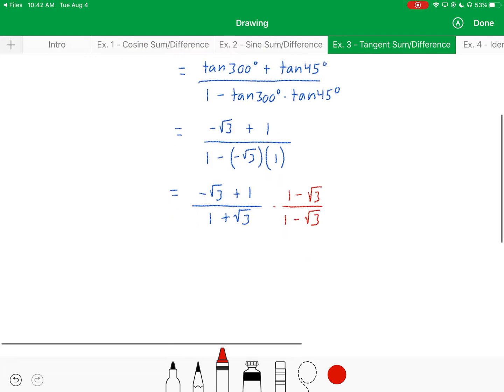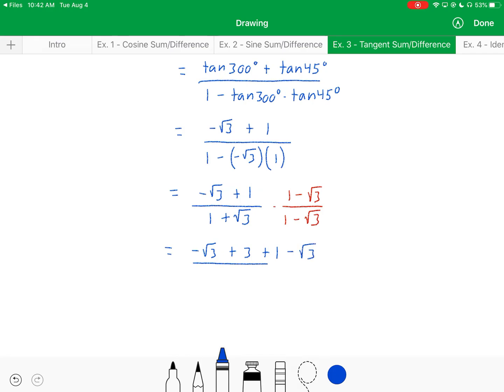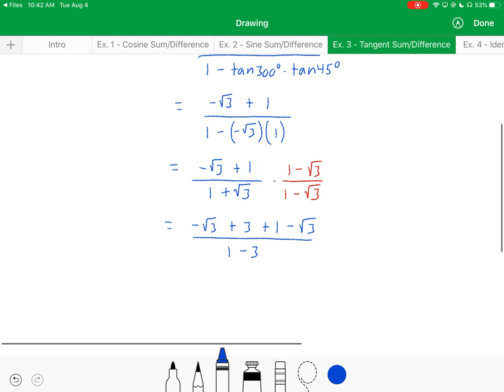That's going to lead me to negative radical 3 plus 3 plus 1 minus radical 3 up in the numerator, and then in the denominator, 1 minus 3. And then we, of course, simplify. We'll end up with 4 minus 2 radical 3 over negative 2.